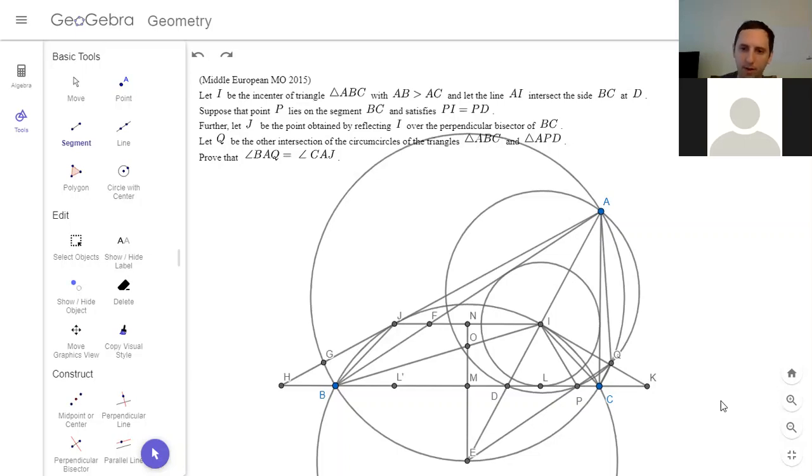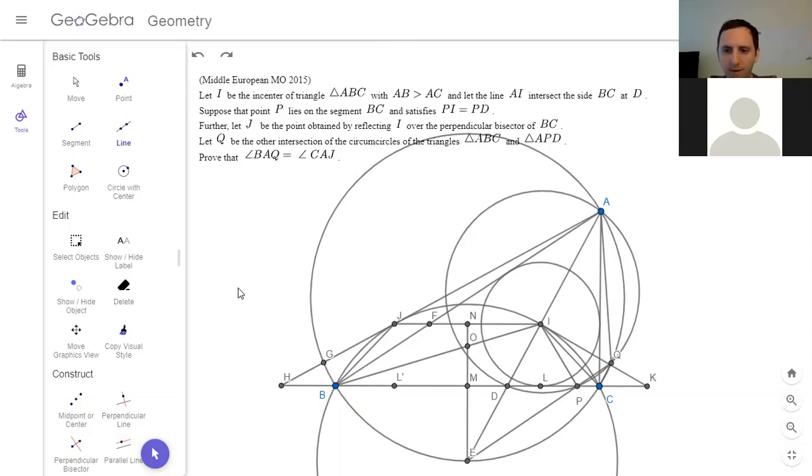So that means those two. So let me see. Yeah, this is a tricky one.